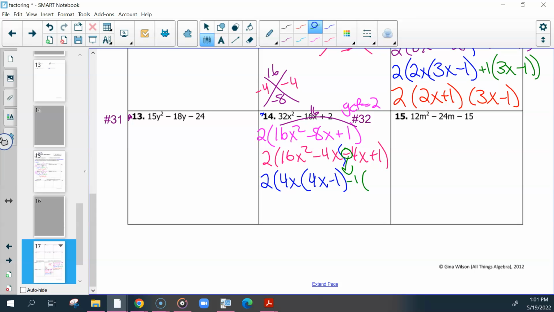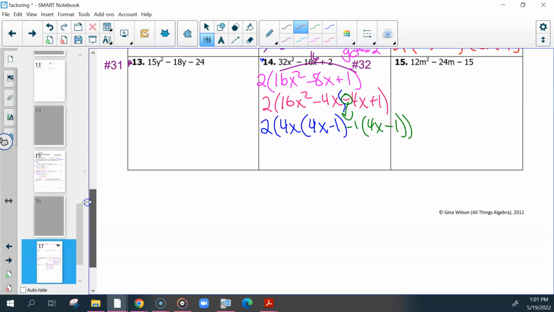4x minus 1. And what would our final answers be? 2 would be on the outside like it is now, and 4x minus 1 again.